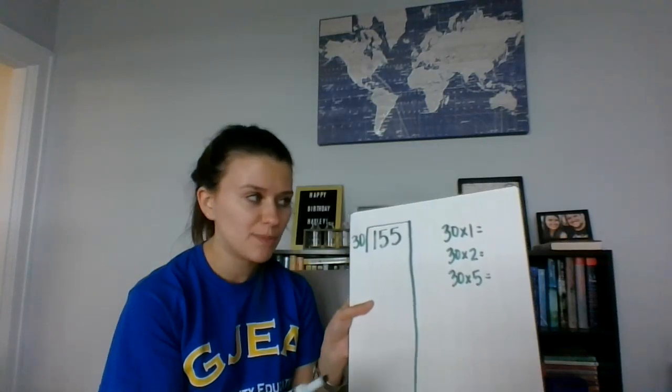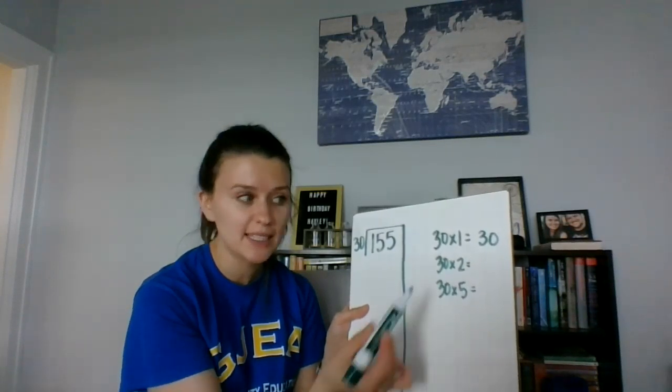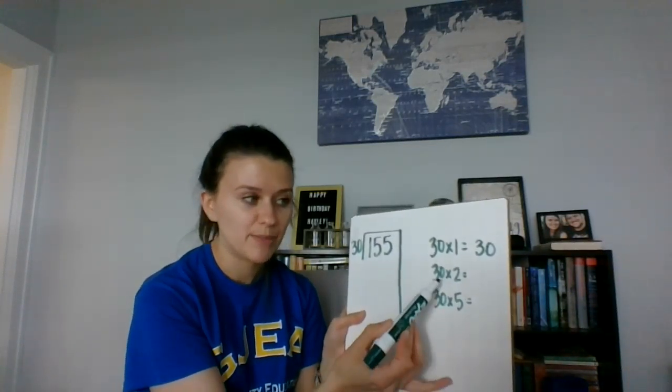And I talked about how my standard benchmark numbers are 1, 2, and 5. So 30 times 1 is 30. 30 times 2, well, 3 times 2 is 6. And to make it 10 times bigger, I add that 0 from 30, so I would get 60. 30 times 5, again, I can take 3 times 5, which is 15.